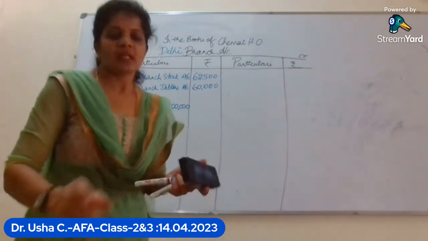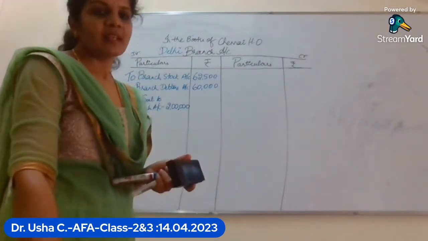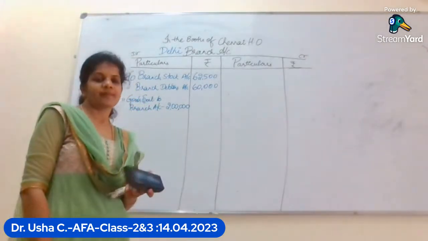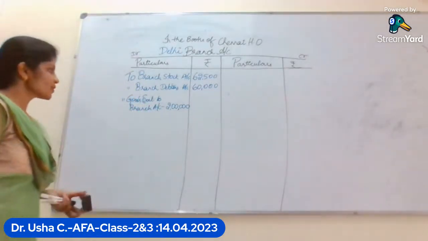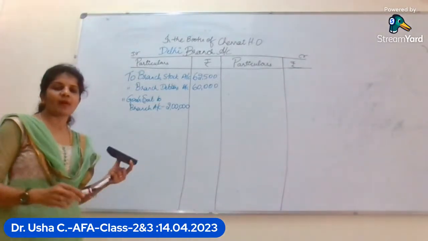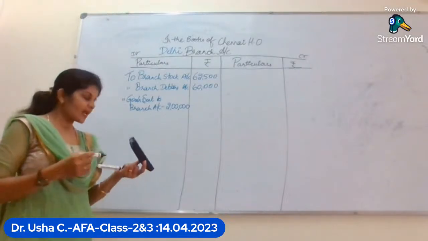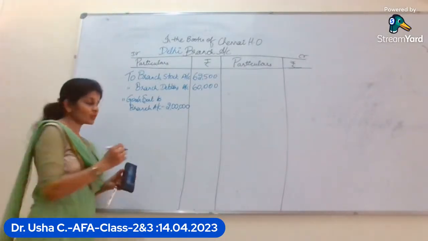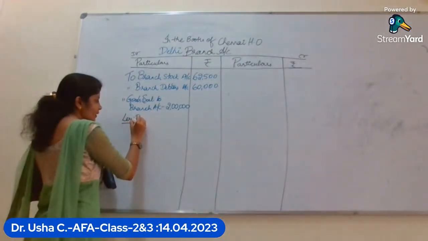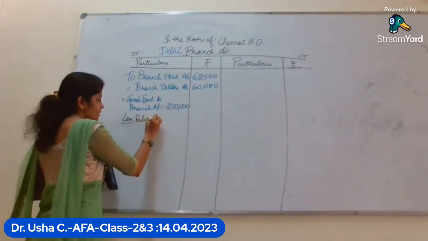But dear students, there is one adjustment for this. We have seen where goods are returned to the head office. Correct. By the branch, some of the goods are being returned to the head office. What is the amount of goods returned to the head office? It is 12,000. So we have to make an adjustment for this: less returns to head office.